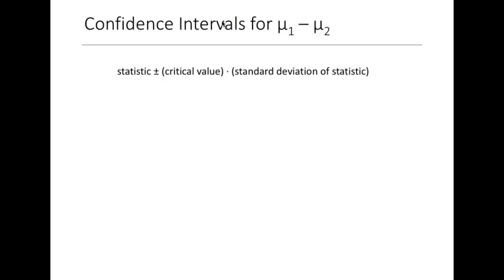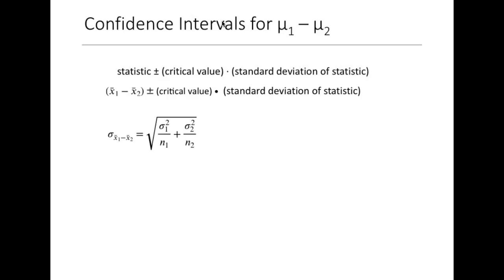So confidence interval for mu1 minus mu2, we do the same thing. We take a statistic, we add and subtract a critical value times the standard deviation of the statistic. In this case, our statistic is going to be a sample mean 1 minus a sample mean 2. And our formula for standard error will look like this.